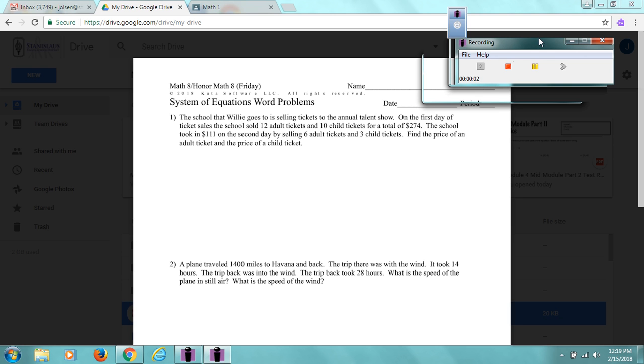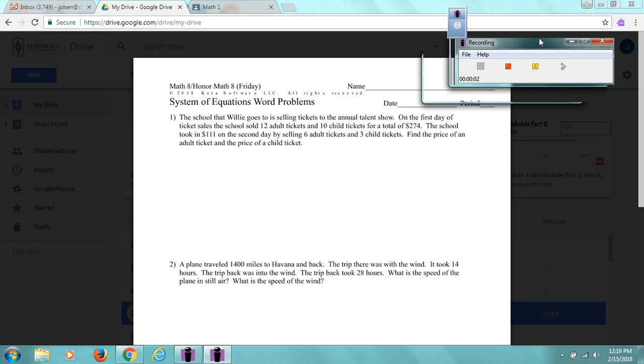All right. So our first problem here, we have the school that Willie goes to is selling tickets to an annual talent show. And you'll see in ticket situations like this that sometimes not everybody is paying the same price. So this is for a talent show where there's a different price in tickets depending on if you're a child or if you're an adult.